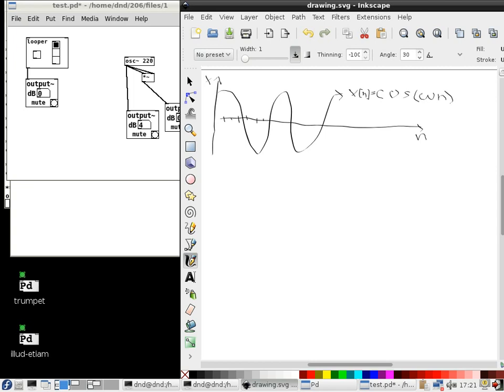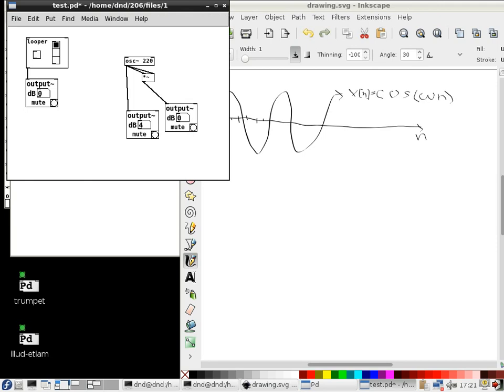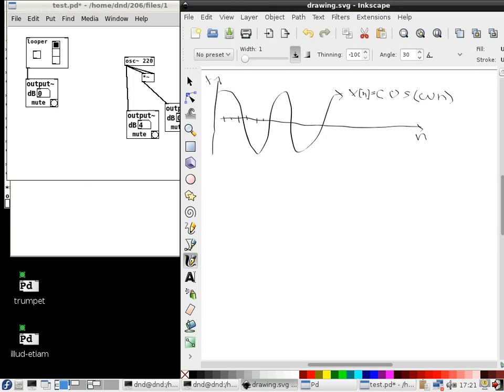And now what you can do is you can say, well, what are we doing when we distort something? That thing is multiplying x n by itself, and so you can describe that as being this function here, x n squared.